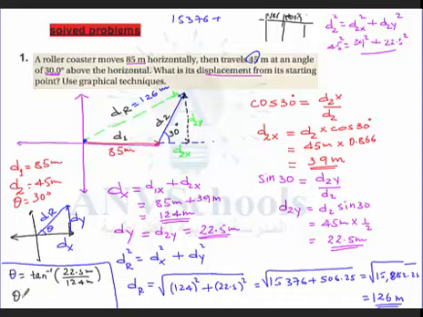So theta is tan inverse of 22.5 divided by 124.